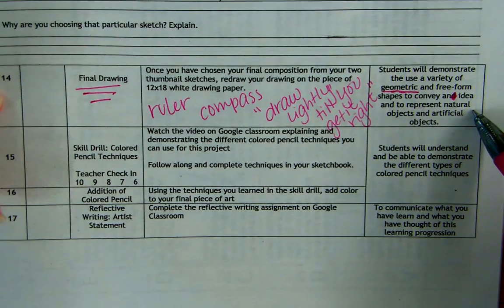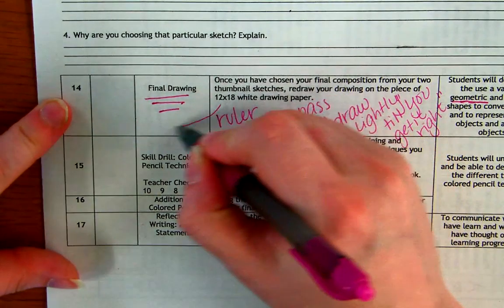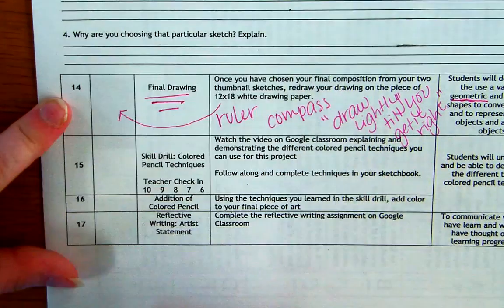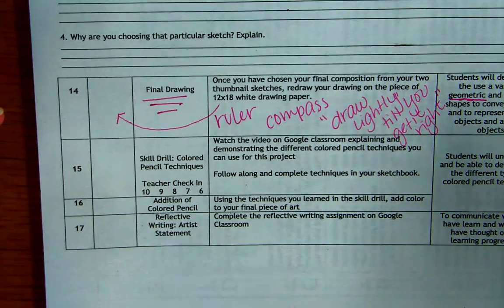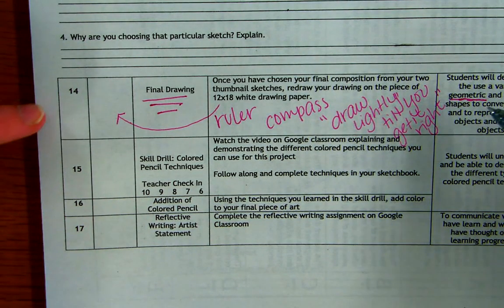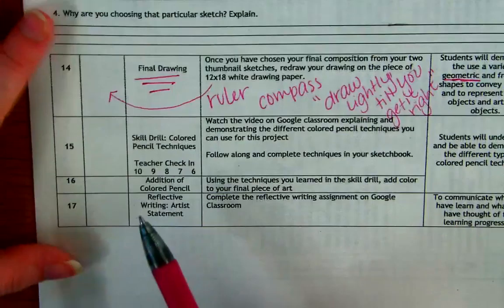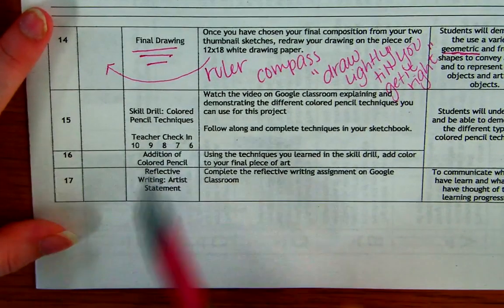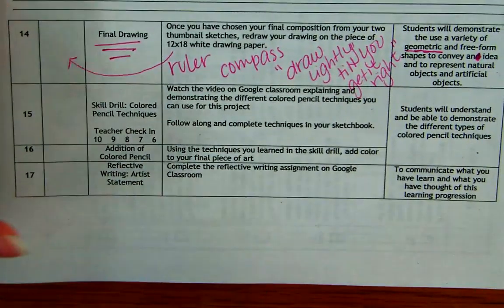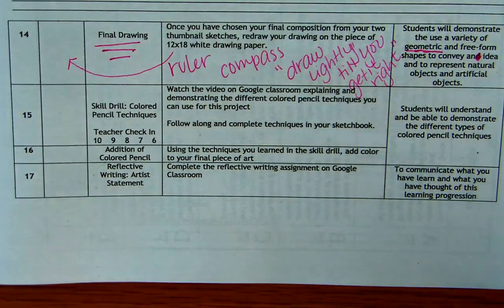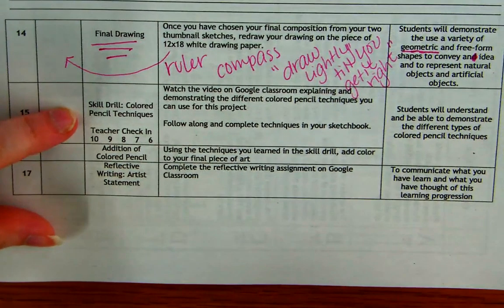When you are done, you show your drawing to the teacher, and then I will let you know whether or not you are ready to progress on to step 15. Step 15 is a skill drill. This is where you are going to learn an art skill or technique, specifically dealing with colored pencils.